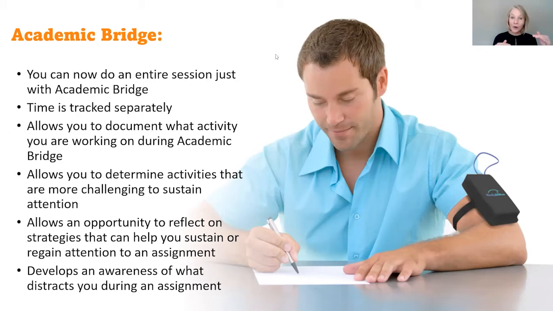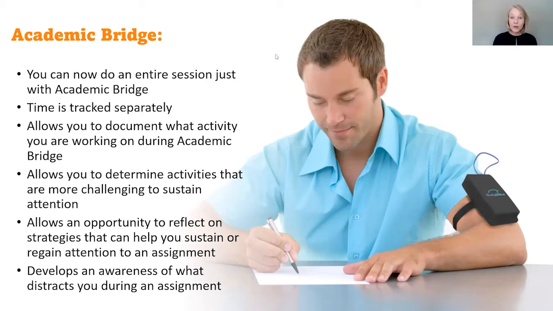And we can look at how your different activities affect your attention. So it's going to allow you to determine, again, which activities, and this time it's academic or work related activities, are more difficult for you, more challenging for you.